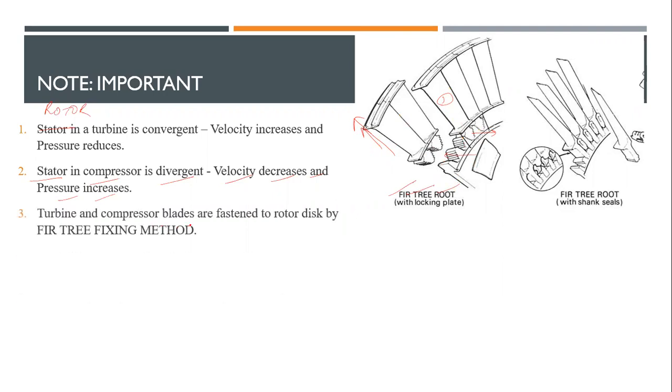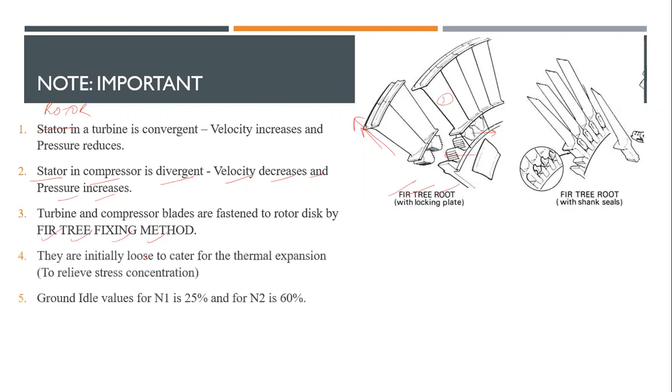Turbine and compressor blades are fastened to the rotor disc by a fir-tree fixing method. They're initially loose to cater for thermal expansion. That is why when you hear the engine starting up, you'll actually hear the metal blades making some noise, because initially they are very loosely fit.